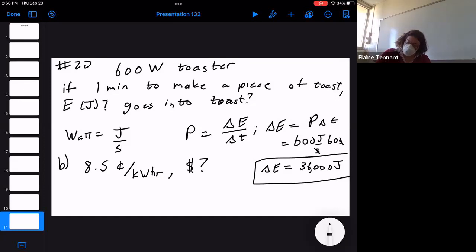And so if you look at this thing, a kilowatt is an energy per second, so that's joules per second. An hour, we can talk about that in terms of seconds. You multiply those two things together and you're left with energy.